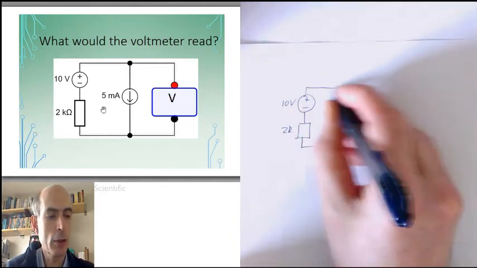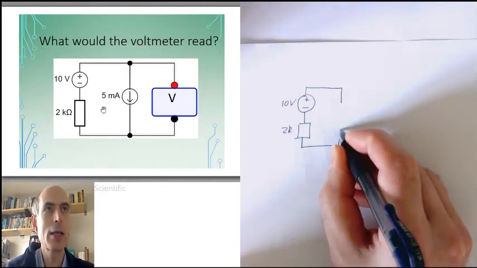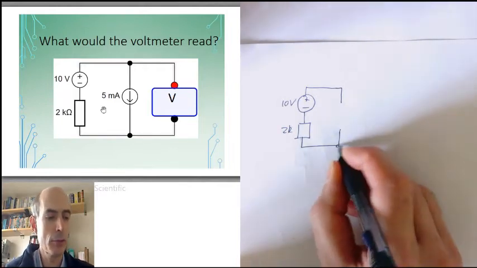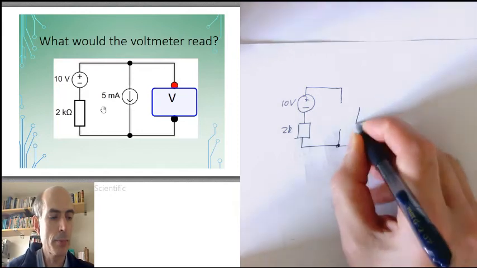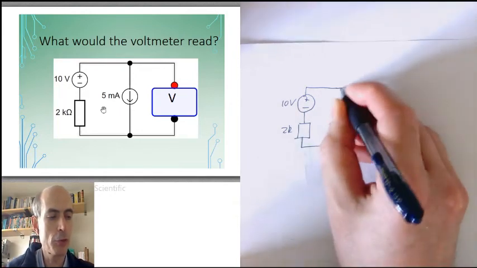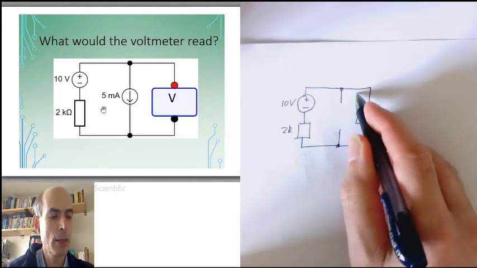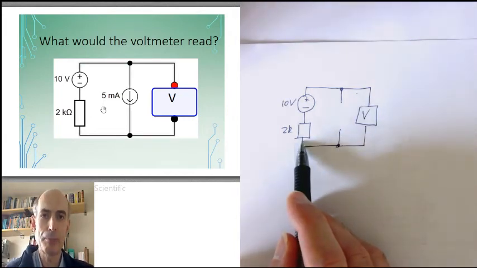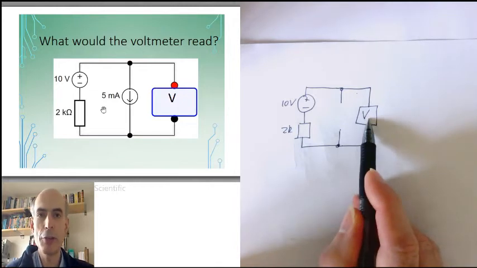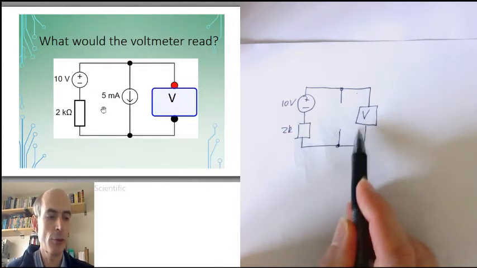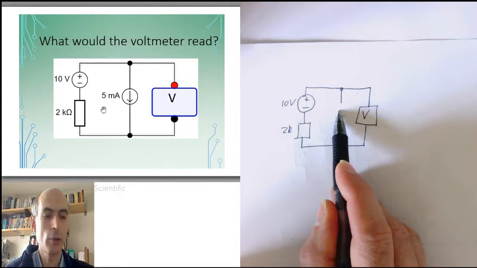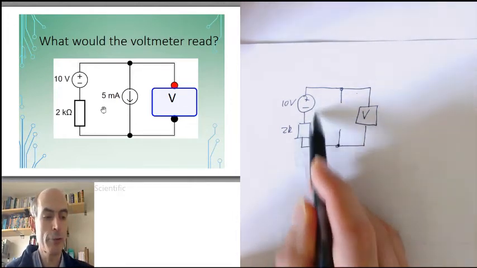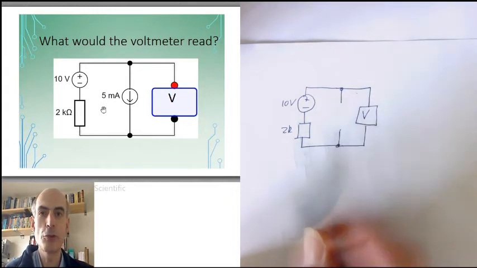A 0 current source is effectively an infinite resistance, an open circuit. I could just leave it like that. The voltmeter here is measuring the voltage from this point to this point, and there is no current flowing in this circuit because an ideal voltmeter has an infinite resistance, so no current flows through it. No current flows through a 0 current source either, so there's nowhere for any current to flow round. There's no circuit.